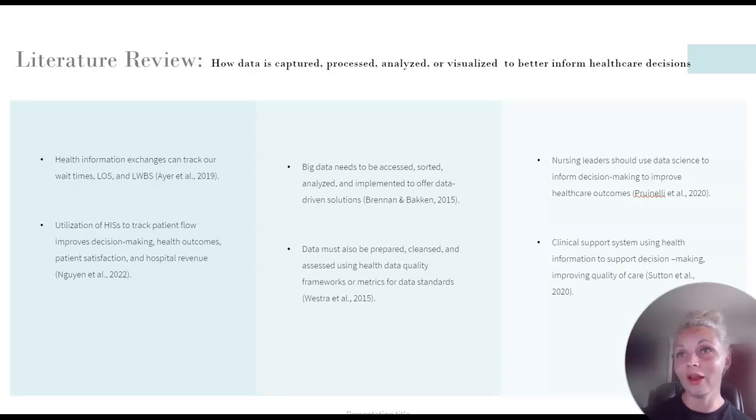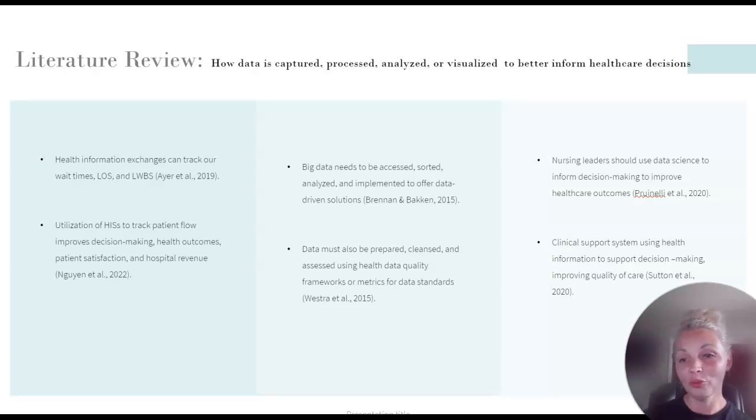Major themes that I have found is that clinical decision-making, to define it, is the use of data collected by interoperable clinical information systems to assist in decision-making. We can utilize healthcare information systems to track our patient flow, healthcare outcomes, patient satisfaction, and hospital revenue.